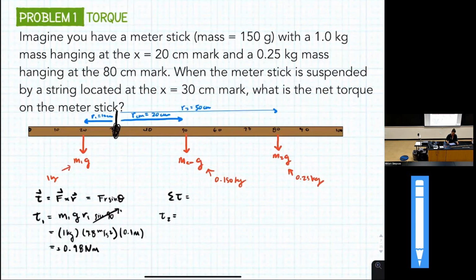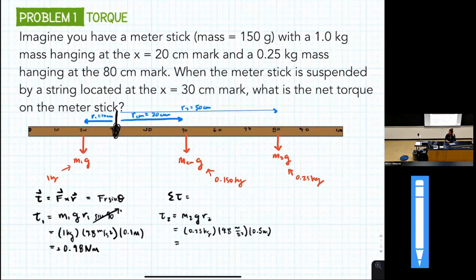No, I won't. Okay, so M2G, that's our force, times our distance, R2, times sine of theta, which is sine of 90, which is 1. We plug these in, that's going to be 0.25 kilograms times 9.8 meters per second squared, times 0.5 meters, that's 50 centimeters.